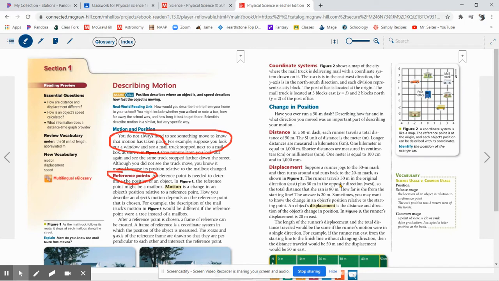Distance. Okay. I know what it says here. I want you to know distance is the total path taken. If you were to go to Walmart from the school, you would have to go down the roads. That total path from the school to Walmart is the distance.